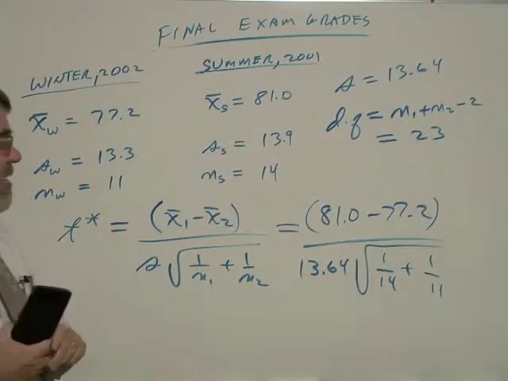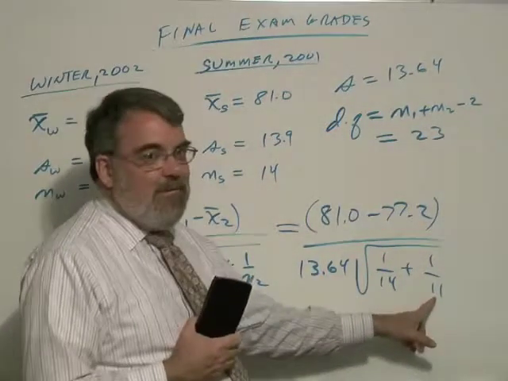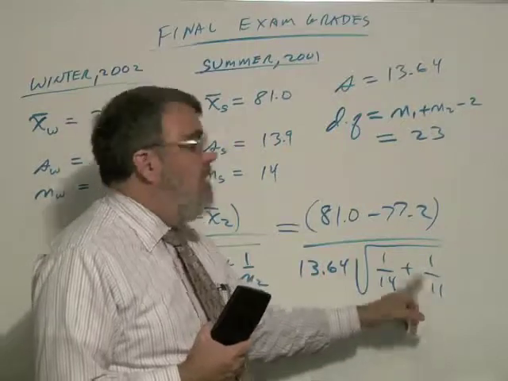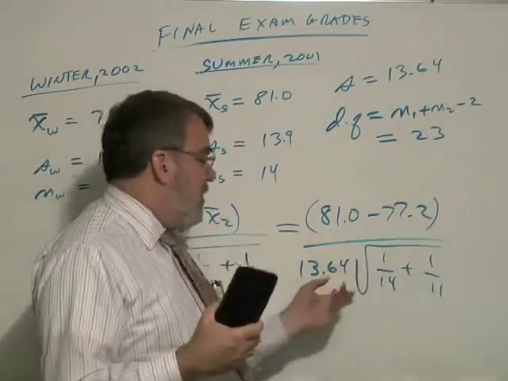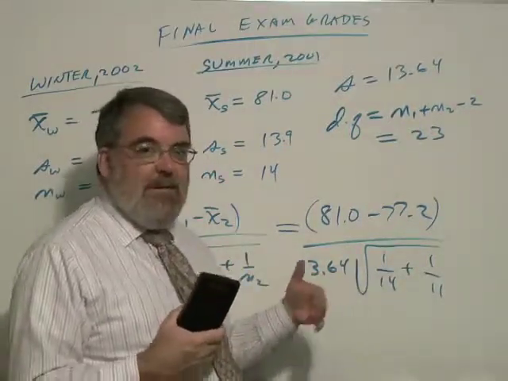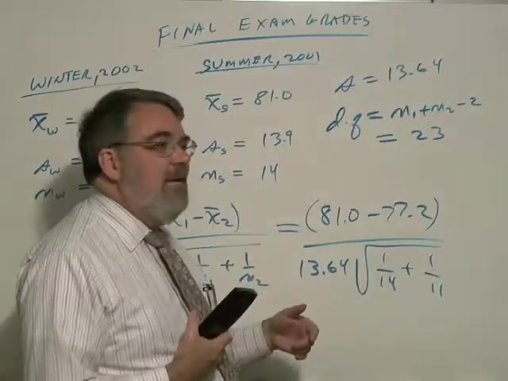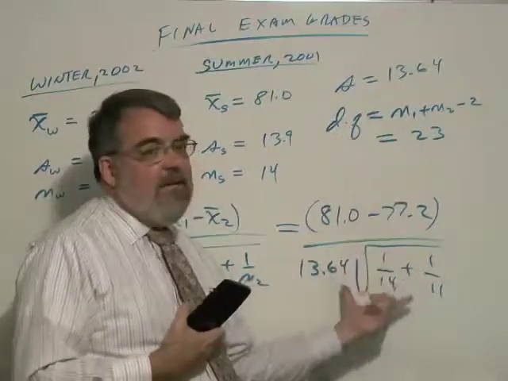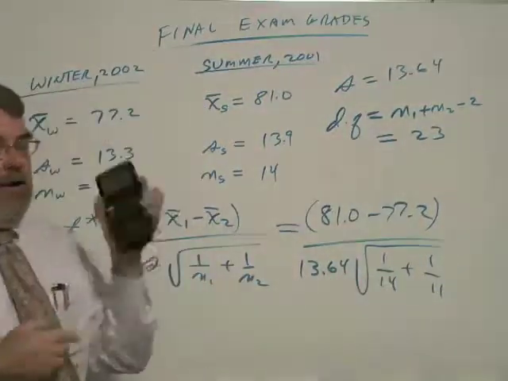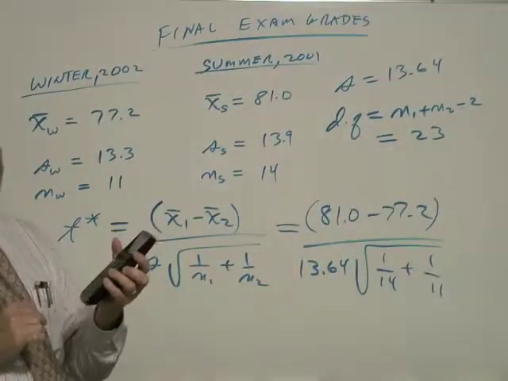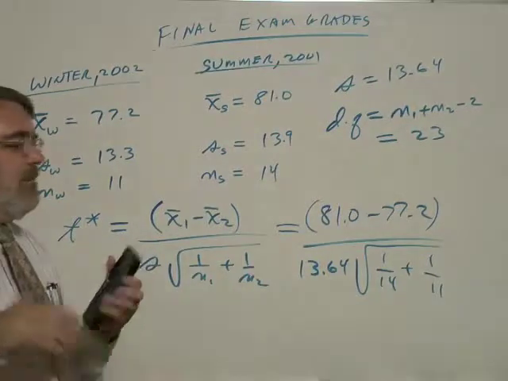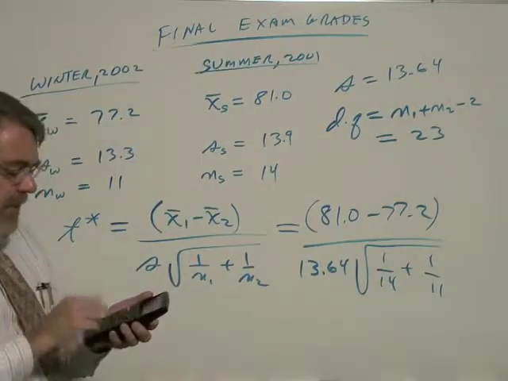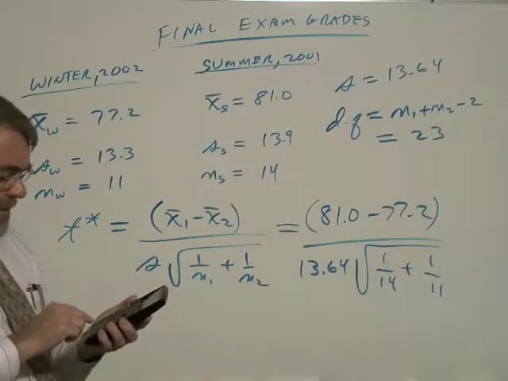I know what I do. I calculate 1/14 plus 1/11 and hit equal. I take the square root. I multiply it by 13.64. I hit equal. And then I take this subtraction in parentheses and divide by the answer. A lot of calculators have an answer button that pulls up the number you just calculated for reuse. So anyway, see if you can get the numbers I get.